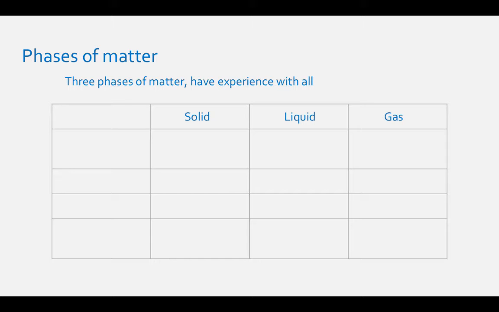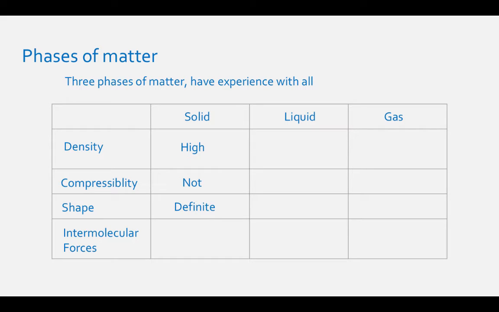The differences in these phases of matter are their density, compressibility, shape, and intermolecular forces. Solids have high density. They are not compressible. Can you compress a rock? No. They have a definite shape, and they have high intermolecular forces.